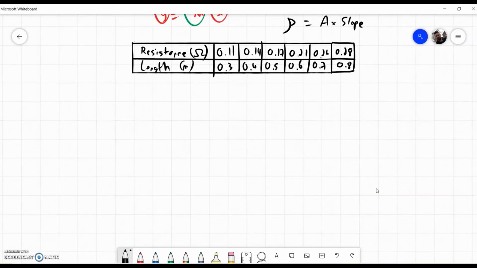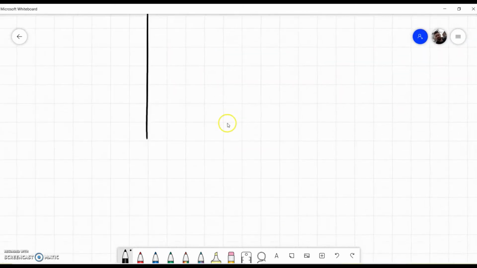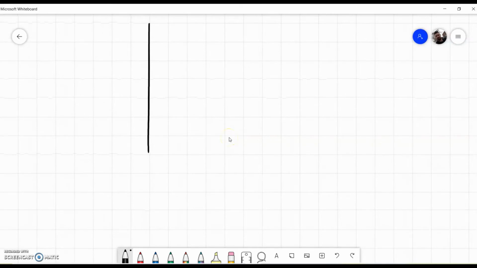So I'll start drawing my y-axis, and I'll move the page down a little bit, there we go. And I'll go across as well.